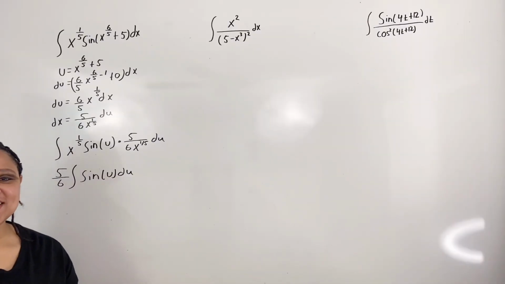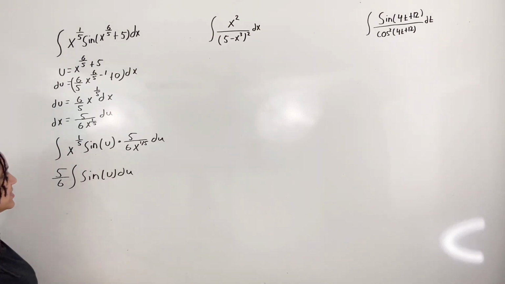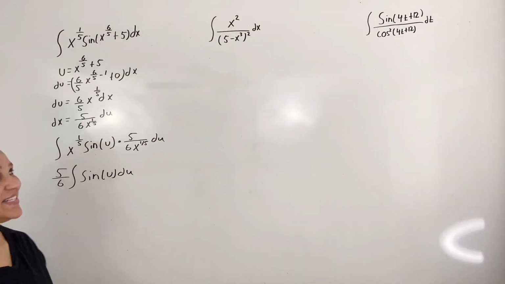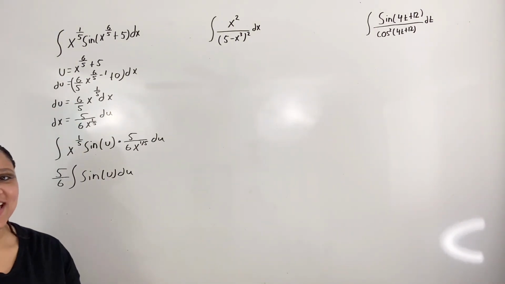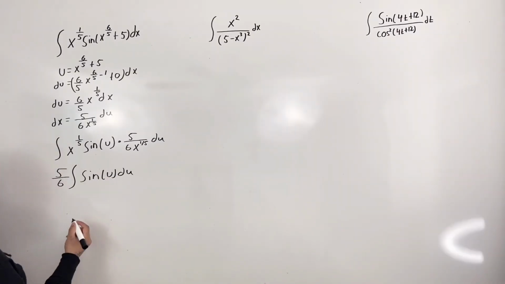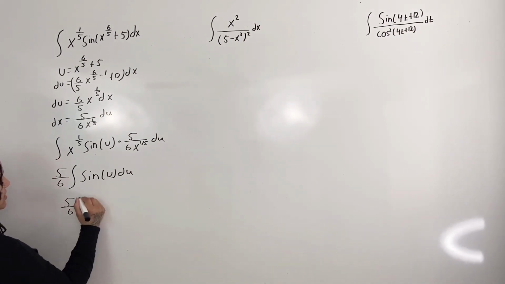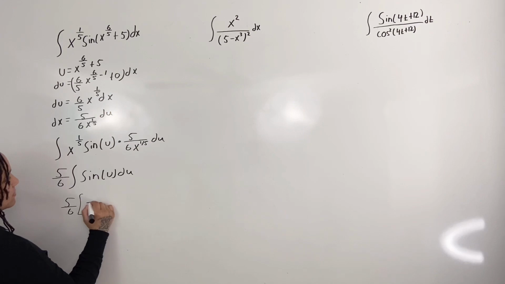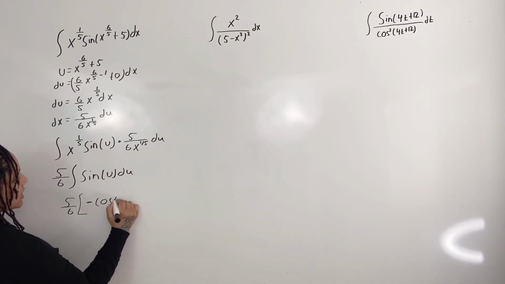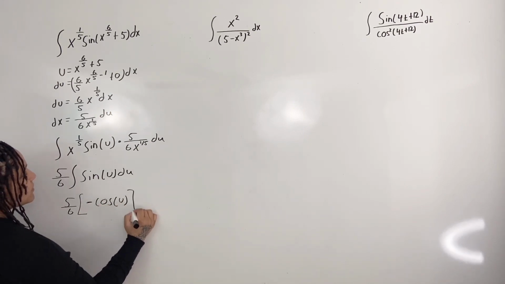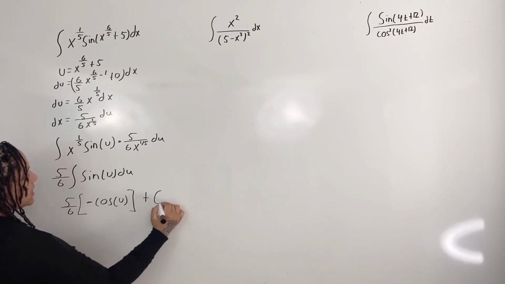Now it is much easier to evaluate the integral, and notice that we have a function of u instead of a function of x. So evaluating the integral, we have 5/6 times negative cosine of u plus c.